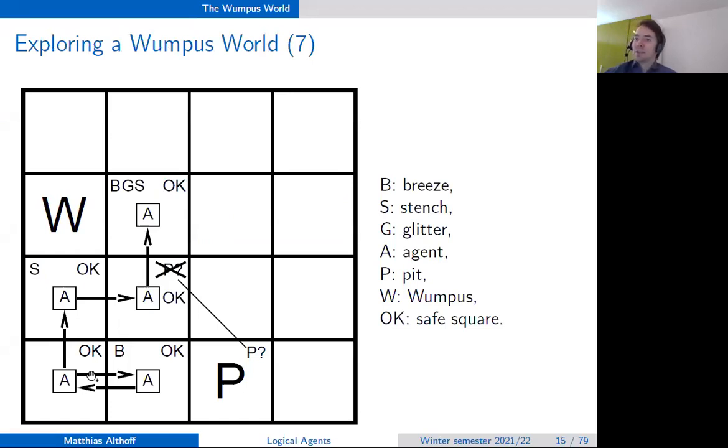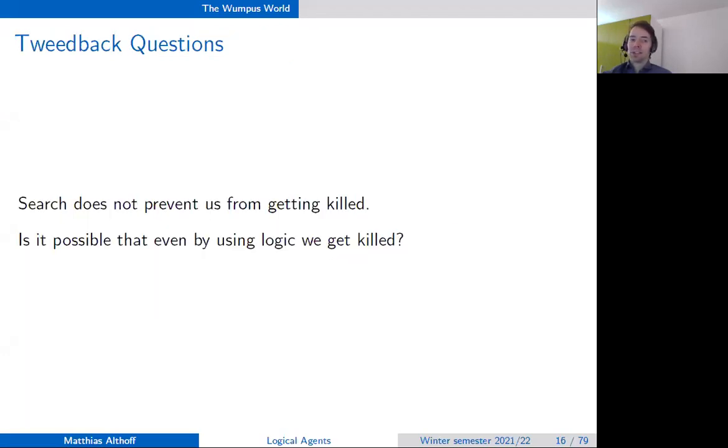So if the Wumpus would be in the first room, so we enter the room, then we get killed immediately. But of course, because this is a computer game, if we exclude the situation where the Wumpus is in the first room, then you can move in a way that you will never get killed. This is just this one corner case we have here.